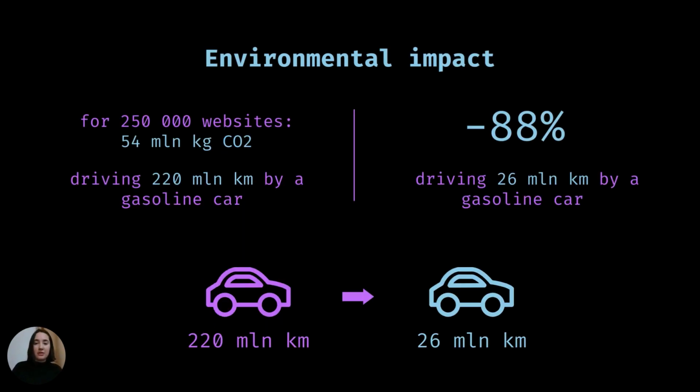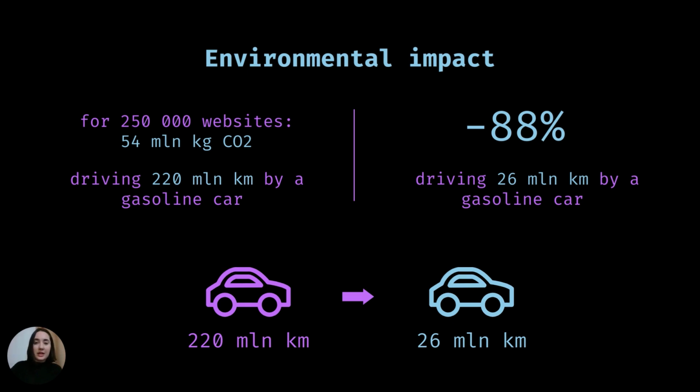So you might remember that in the beginning of the presentation, I told you that every day there are 250,000 new websites being published. And this equals to 54 million kilograms of CO2 every year, which is being emitted. This can be compared to driving 220 million kilometers by a gasoline car.